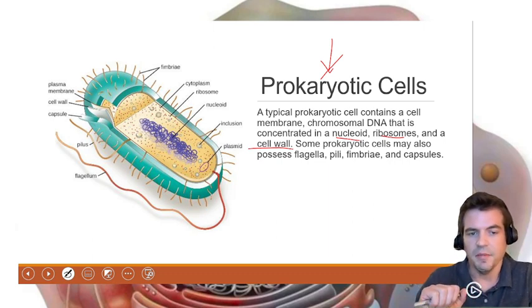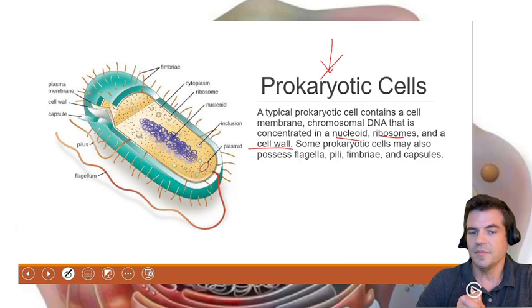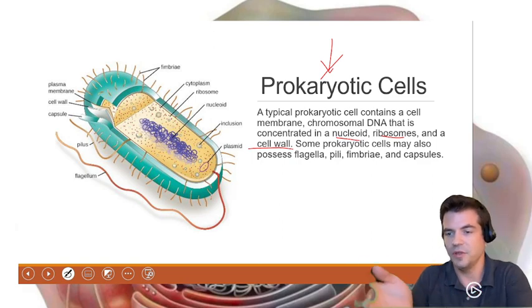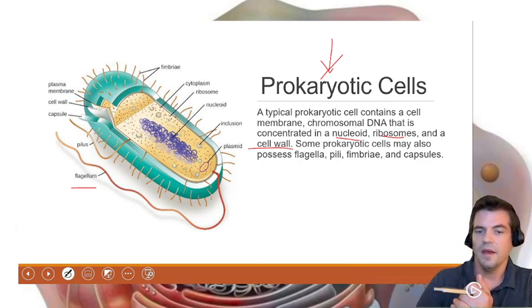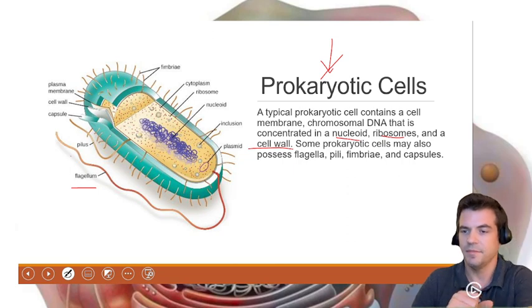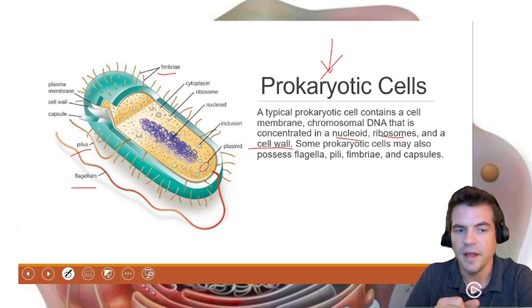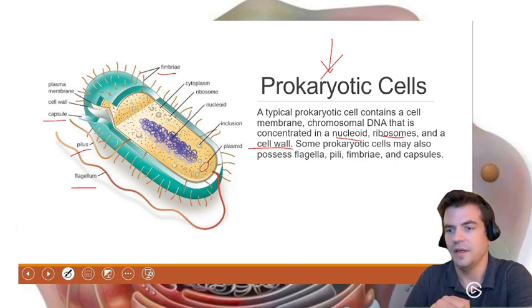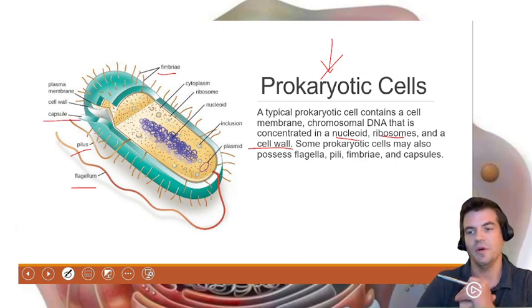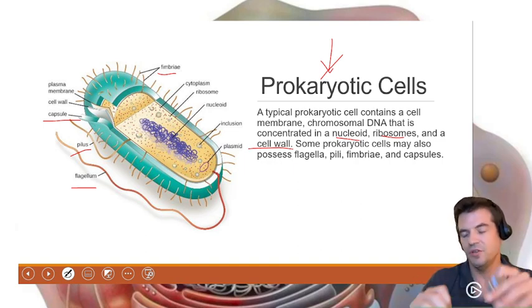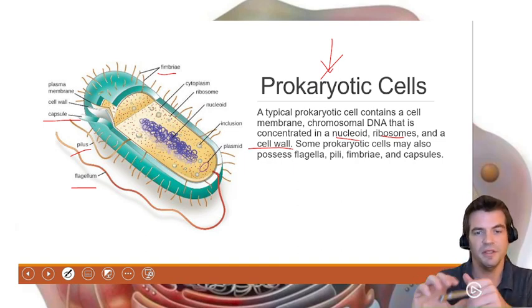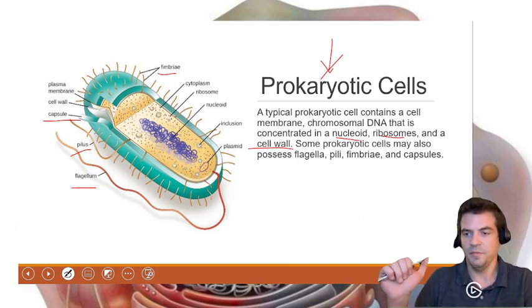Some prokaryotic cells also include a flagellum, pili, fimbriae, and capsules. We can go into all of that later. Again, not all of those are found on each and every prokaryotic cell, just some of them.